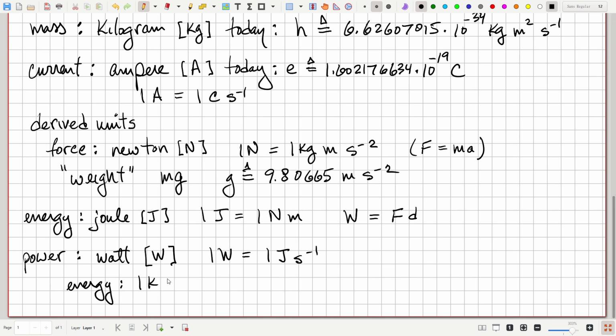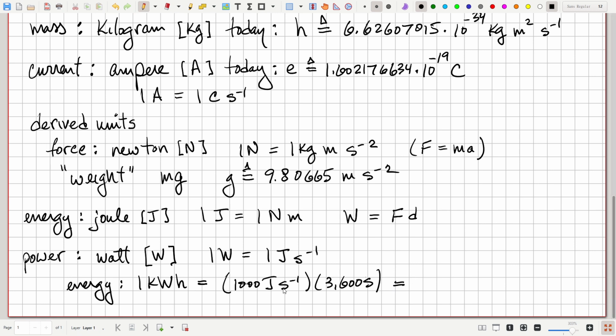And as the name implies, 1 kilowatt hour is the amount of energy you get if you have a kilowatt, which is 1,000 joules per second, acting for 1 hour, which is 60 times 60, or 3,600 seconds. Okay. And so you work that out.